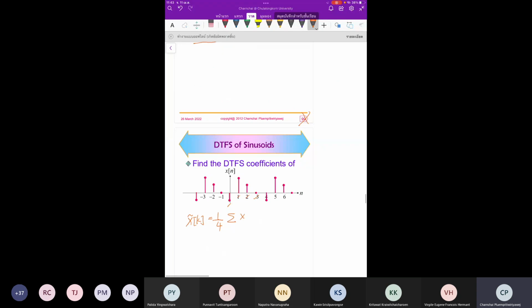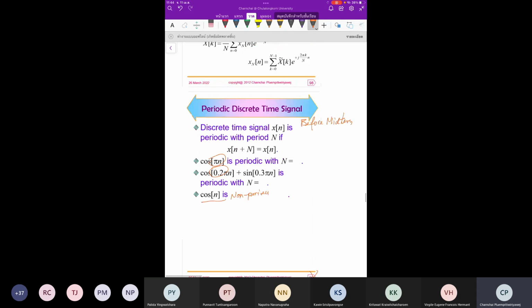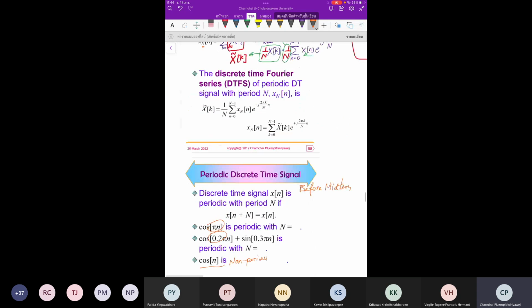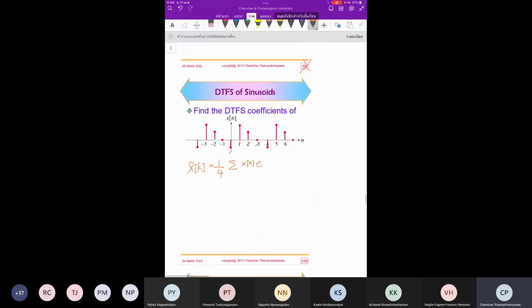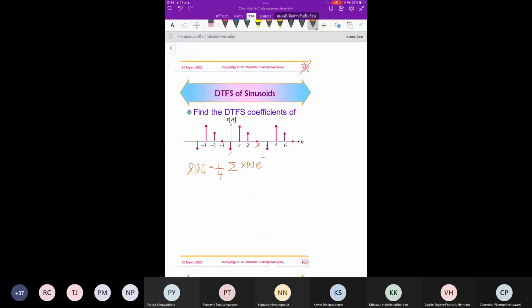Summation of xn e to the negative j 2 pi k over 4 n, k from 0 to 3. Okay, this is periodic from 0 to 3.